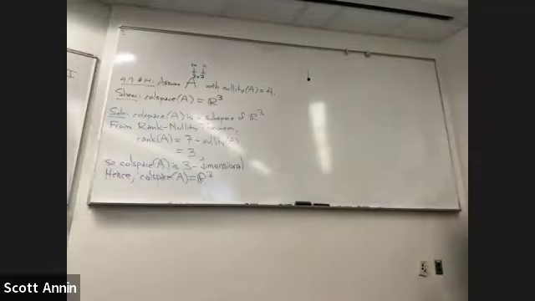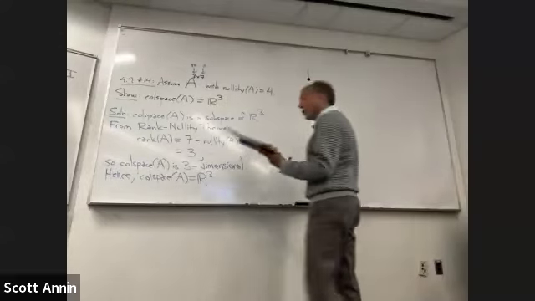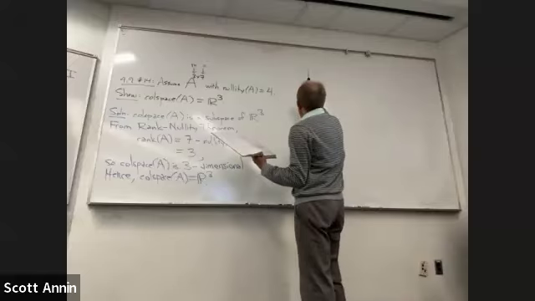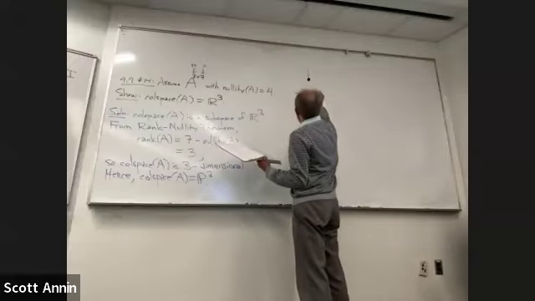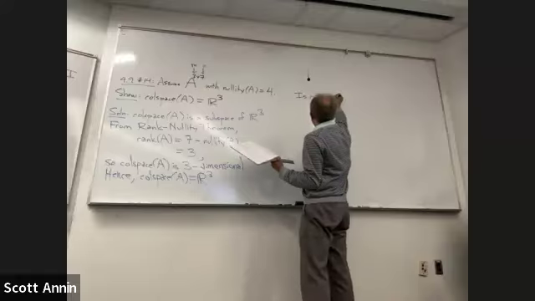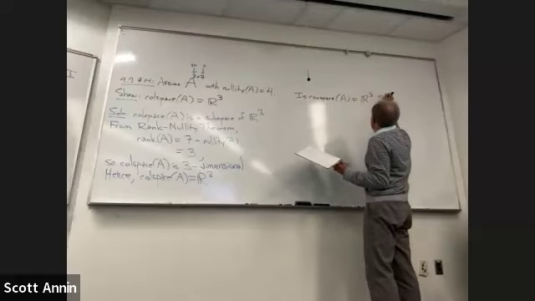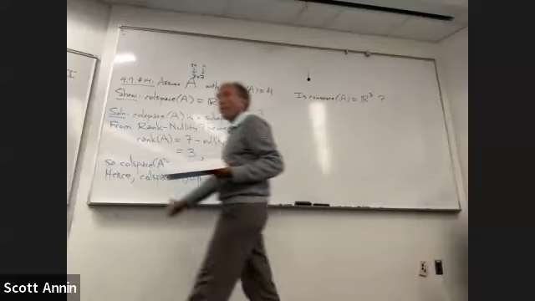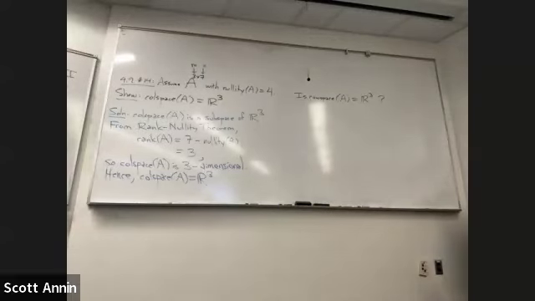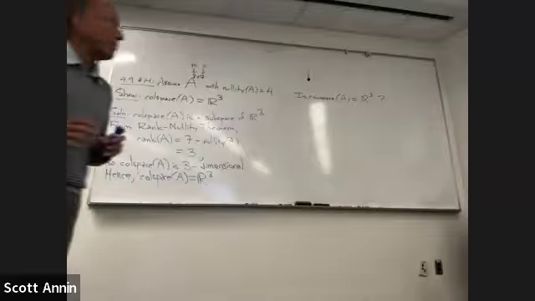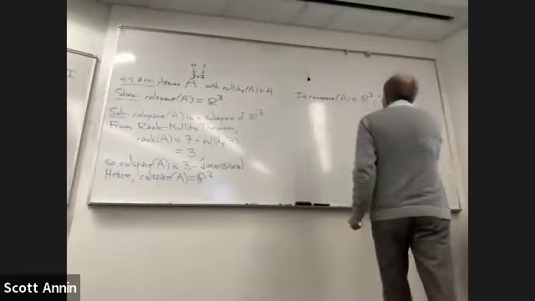Just in case it's not totally clear, they do ask us a follow-up question, which I think is actually useful to look at as well, which is, is the row space of A going to be equal to R3 as well? So there's a little second question here that goes along with it, which is probably good for us to think about for a second.